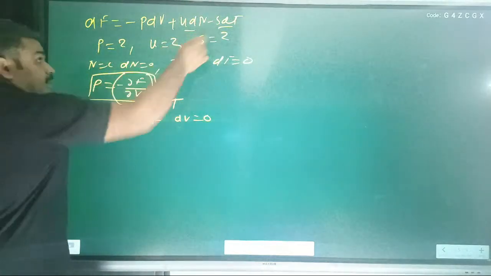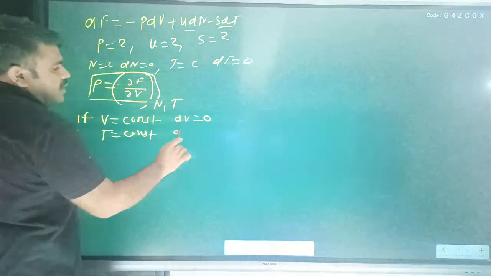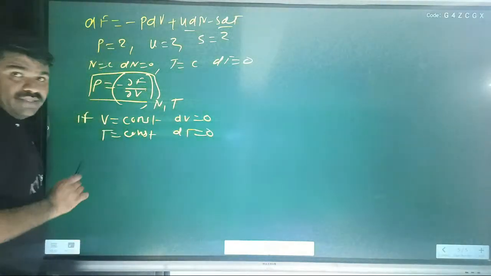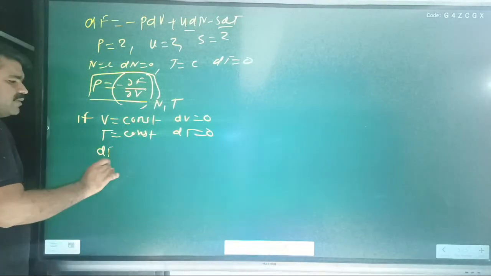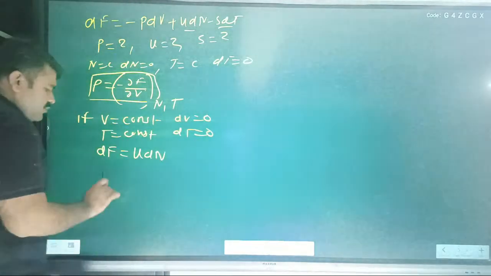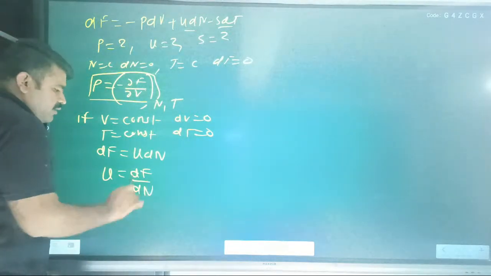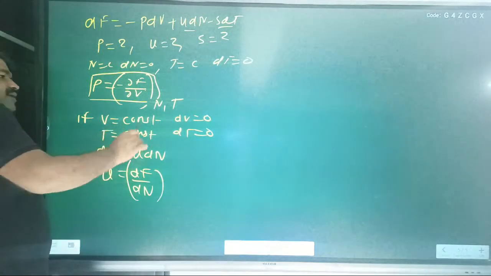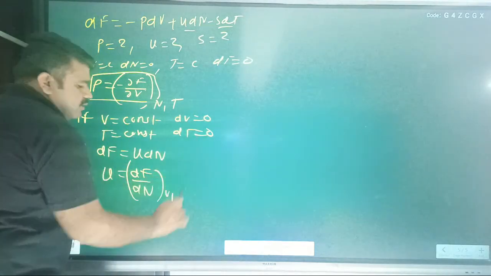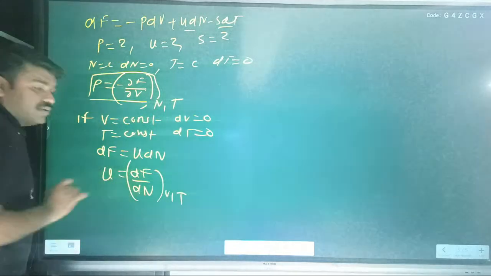If temperature is constant, then dT is equal to 0. Means simply we get dF equal to mu dN. Means mu is equal to dF upon dN, at constant volume and temperature.